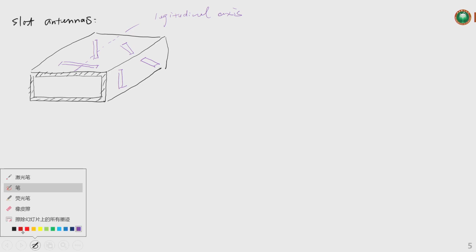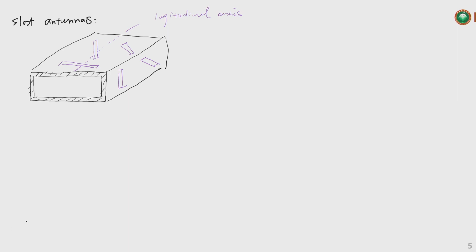So if we want to design or cut slots in the walls of such a kind of waveguide, what do we need to do first? First, we need to see the current distribution on the surface of this device.